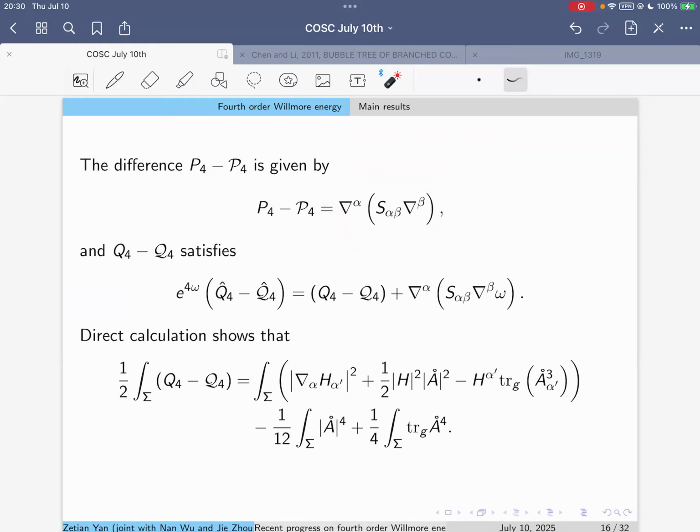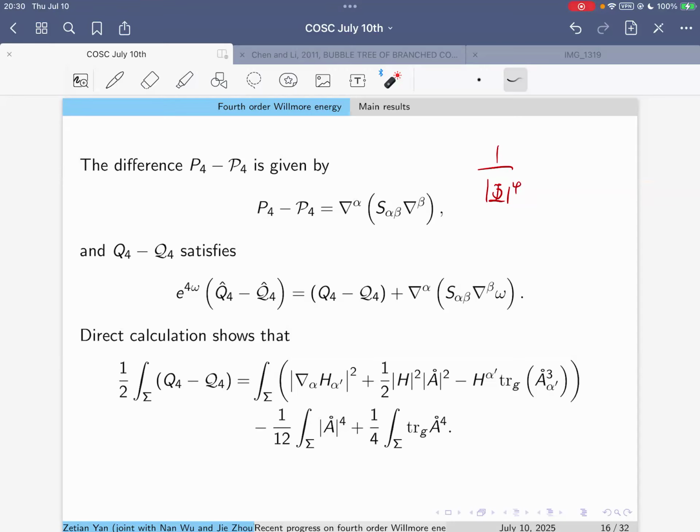Based on our calculation, if you plug this conformal factor into this lower-order term, this term will not provide the loss of energy under the inversion.